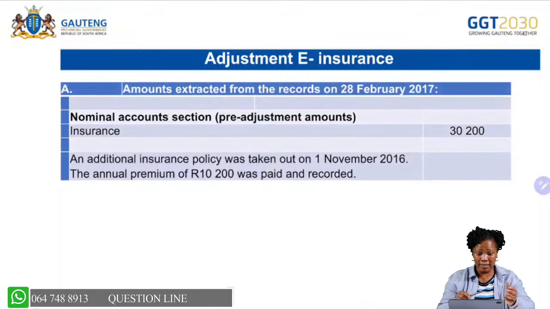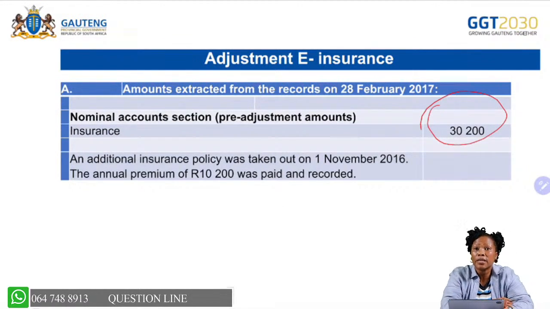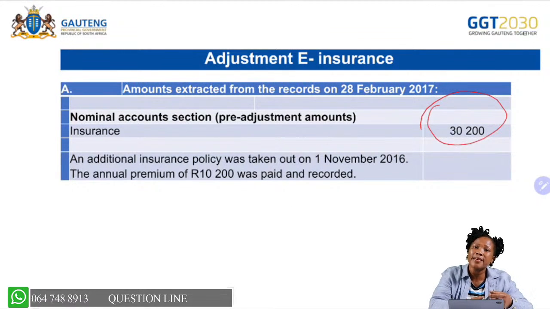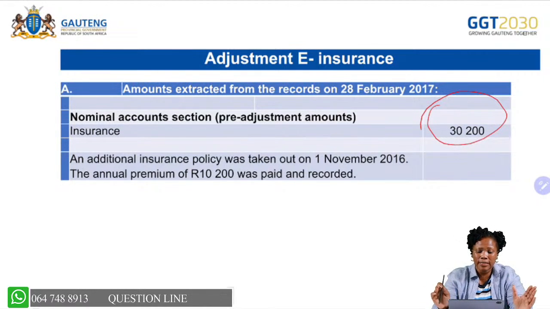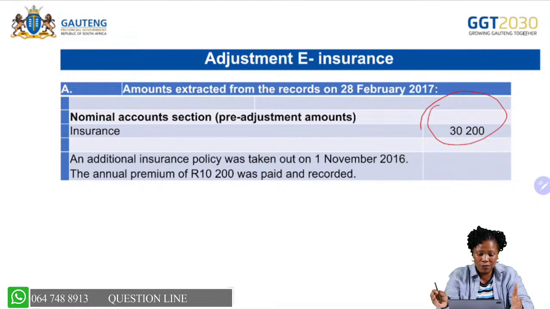Remember that this amount they are talking about here, when they say it was paid and recorded, it means it is included in your 30,200 rands. So there is an amount that has been paid in advance in this case. Remember that the year end is 28 February 2017. So we are going to start calculating. Remember, this policy is covering us from November, for the next 12 months.